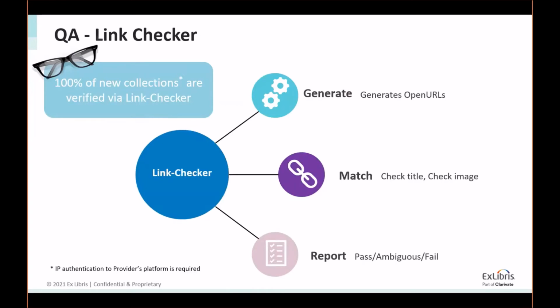The link is being opened on the provider platform. And once the link is open, the tool verifies that the open page matches the title in question, meaning there is a comparison done on the title, on the image, on every parameter that we can verify, that the title is the one that we are trying to get to.